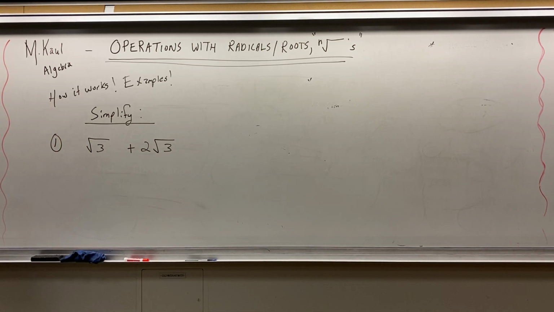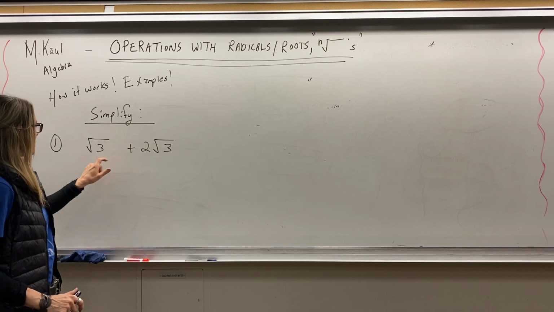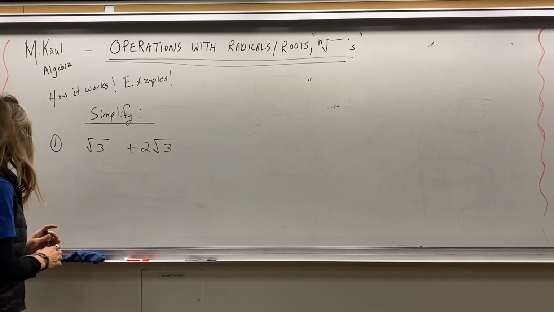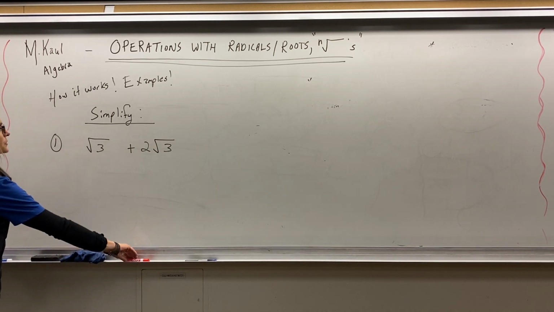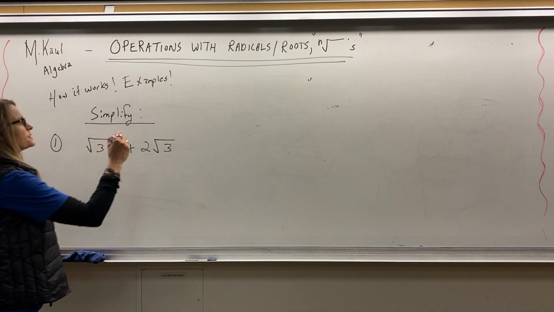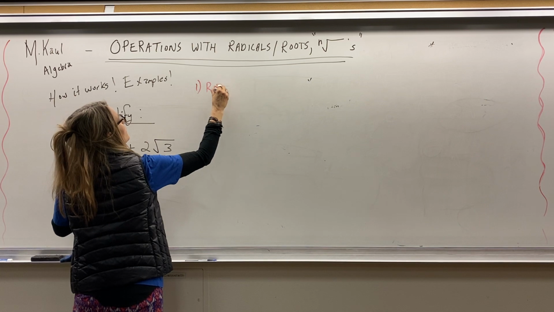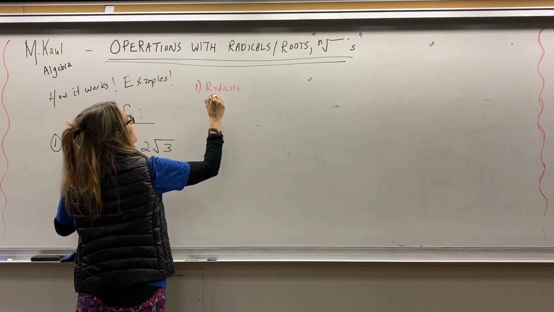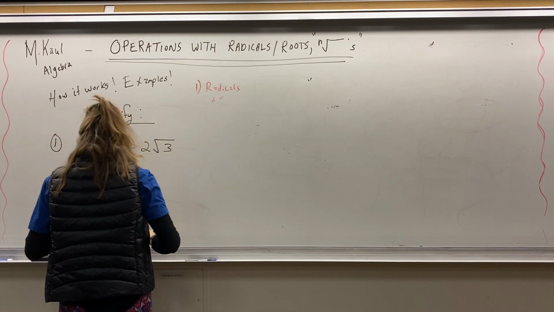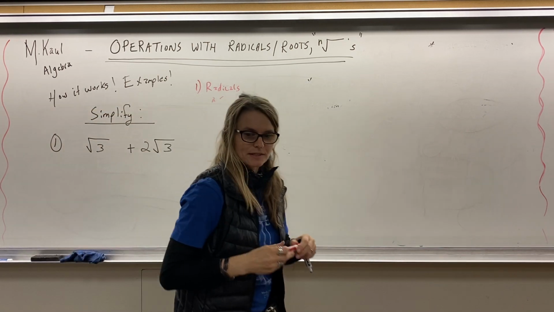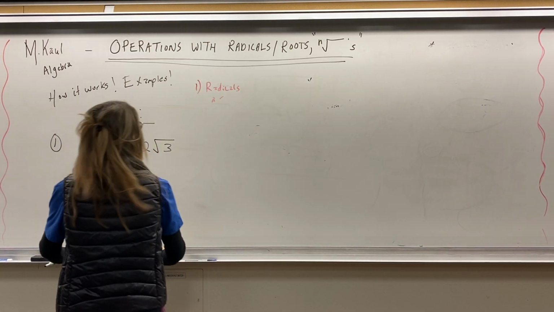Well, first step you want to look at is, is the radical that you're using as simple as possible. So the first step is, are the radicals simple? I have to write this in blue, my red's not working very well.